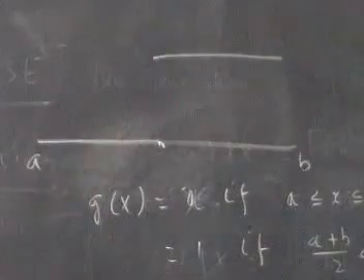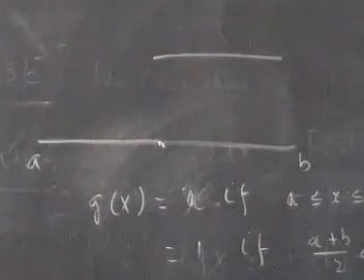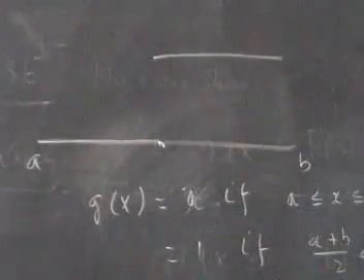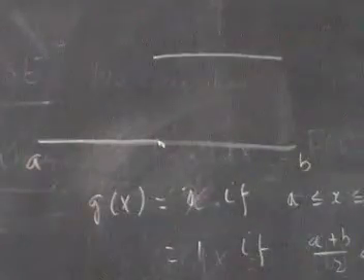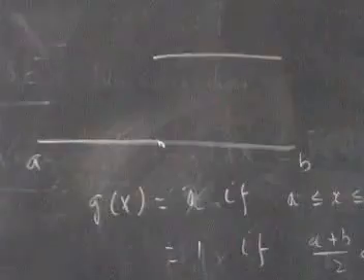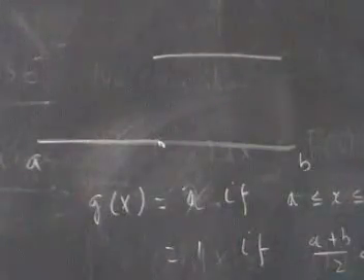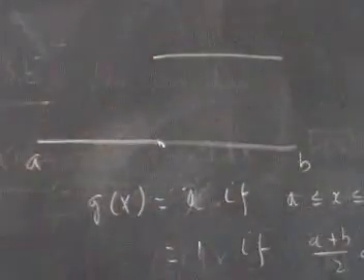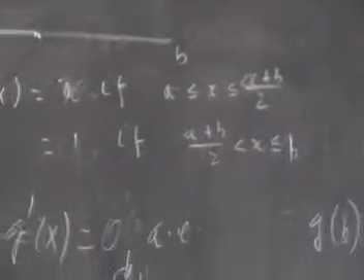But what is g(b) minus g(a)? 1. So here I have the integral from a to b of g prime x dx strictly less than 1. So what I am saying is that strict inequality can take place.